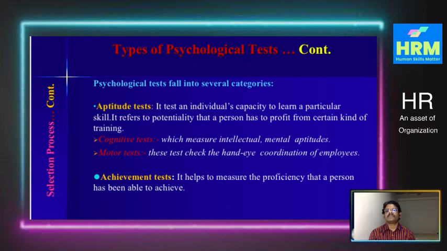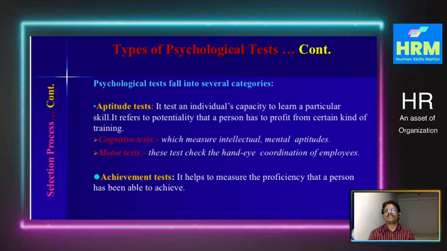When you look at the types of psychological tests, they fall into several categories, like the aptitude test. The aptitude test is an individual's capacity to learn a particular skill. It refers to the potential that a person has to profit from the kind of training, right?